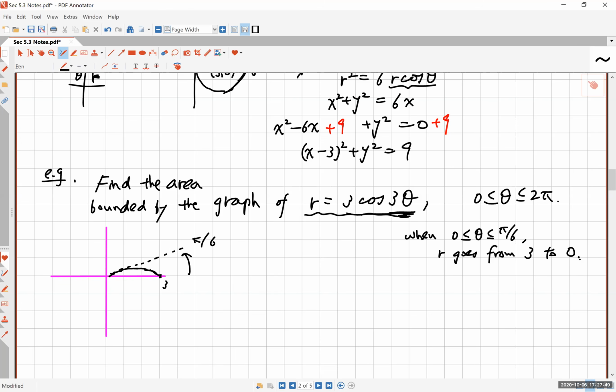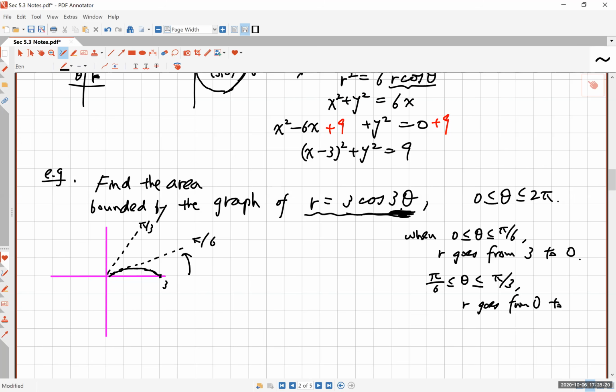And then what happens in the next 30 degrees? From pi over 6 to pi over 3, if you multiply these values by 3, then 3 theta goes from pi over 2 to pi.